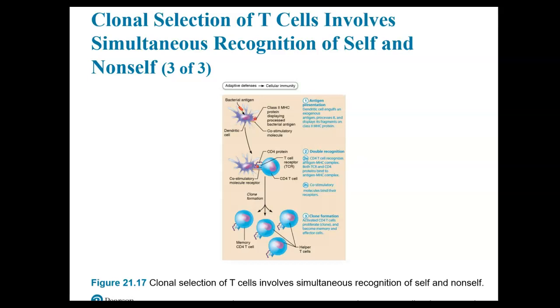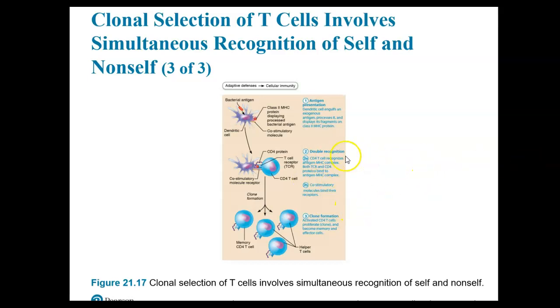Double recognition ensures that it doesn't by accident recognize something that it shouldn't be killing. So it's like a double check on making sure that we need to kill anything that contains this particular class 2 MHC protein on its surface.